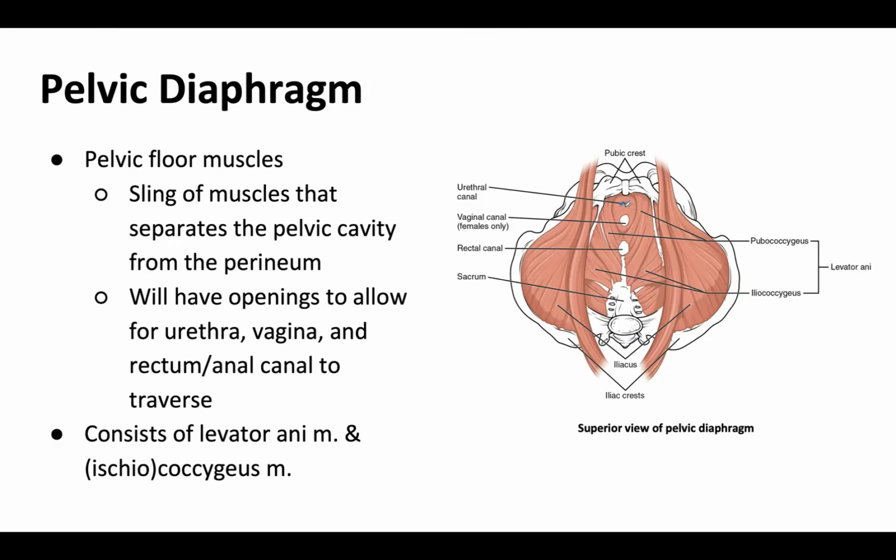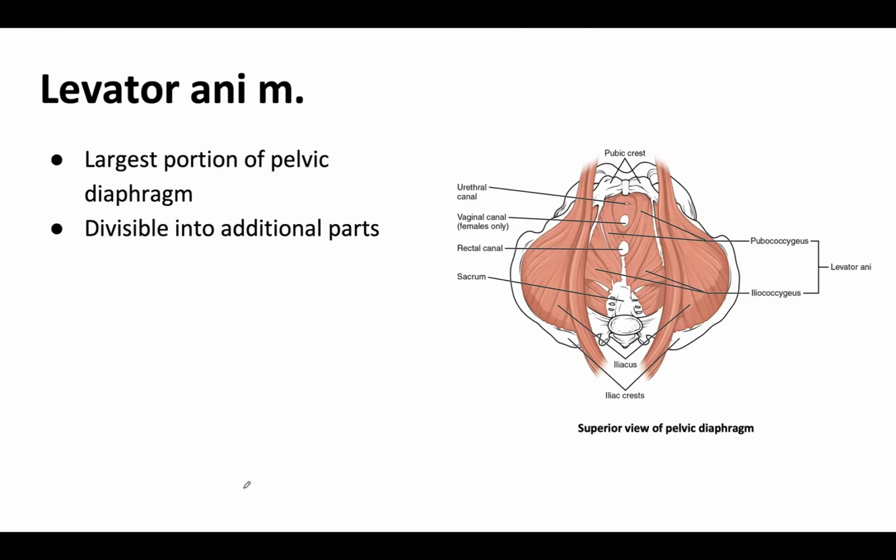So that can include the urethra, the vagina, as well as the rectum, the anal canal junction region. The pelvic diaphragm is composed of two muscles, the levator ani muscle and the ischio-coccygeus. I have ischio in parentheses because sometimes you actually just hear this muscle referred to as the coccygeus muscle.